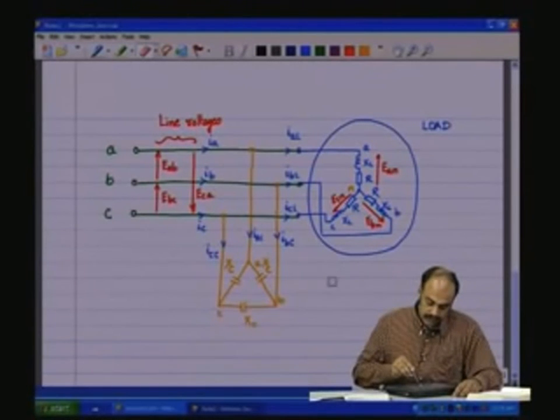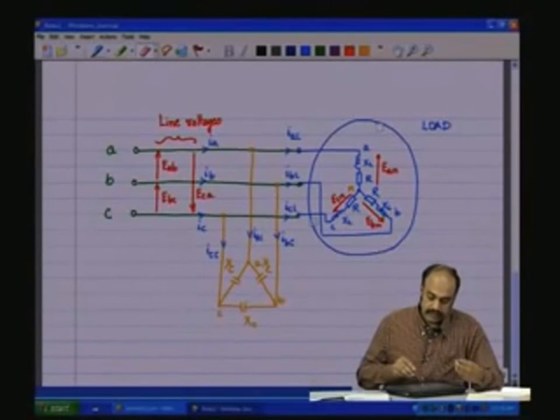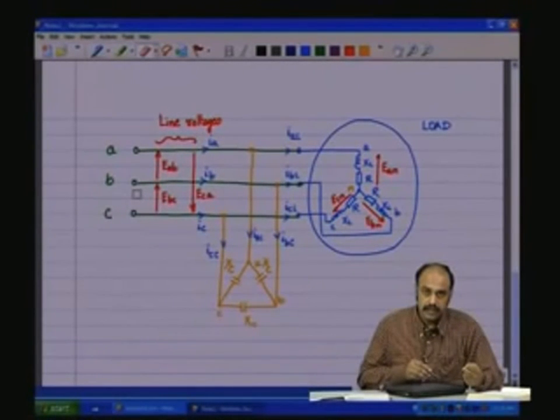And if the power that is to be delivered to the load is very high, then the reactive component that has to be taken from the generator can be prohibitively high.